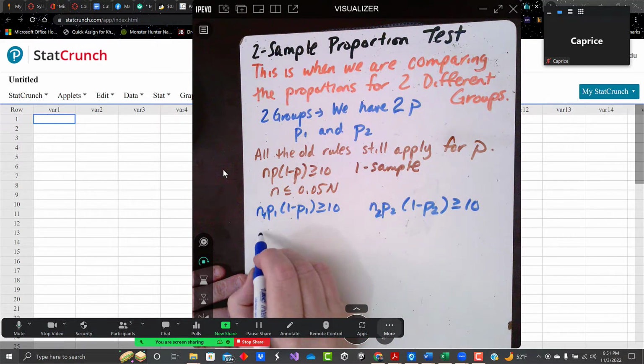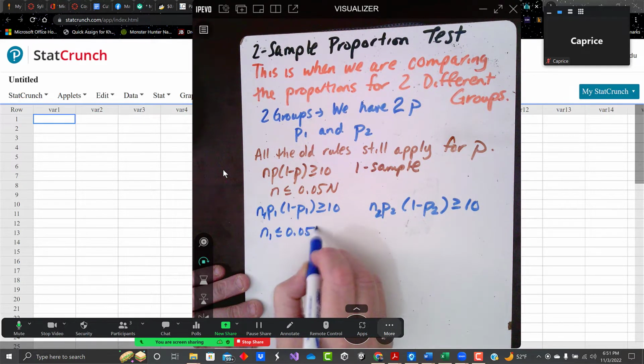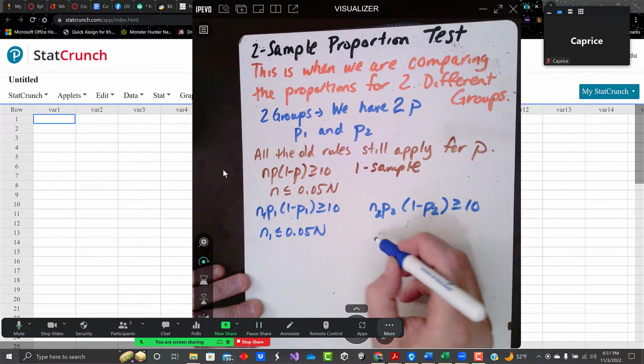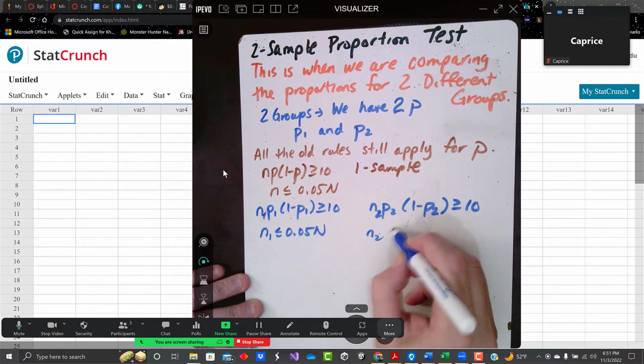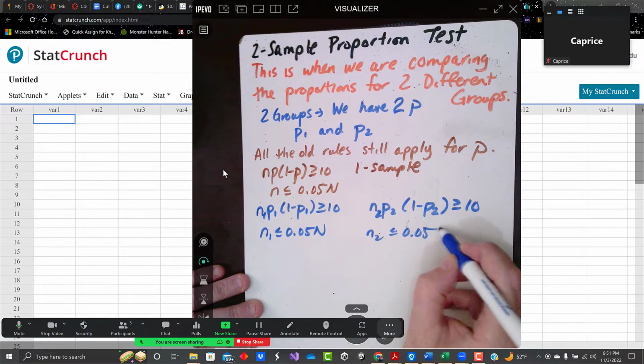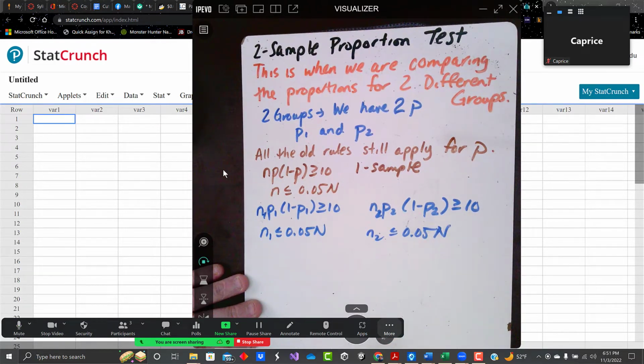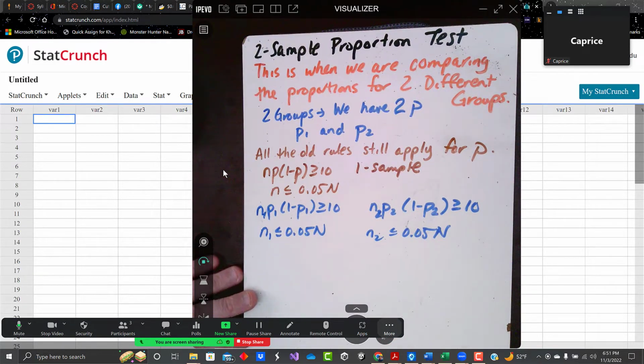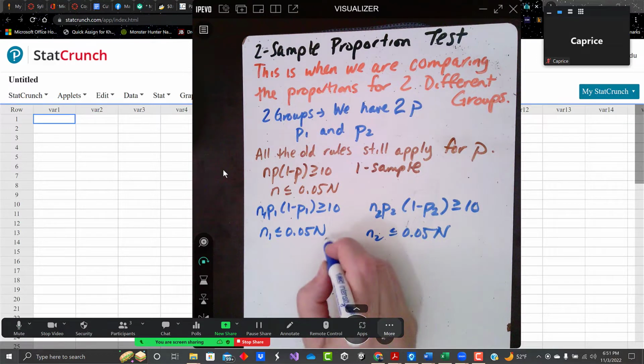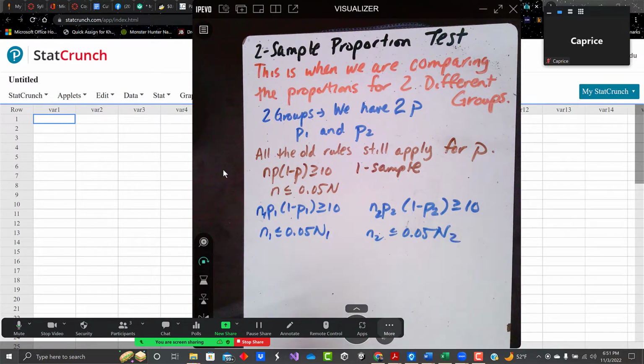This translates to n1 should be less than or equal to 5% of the population, and n2 should be less than or equal to 5% of the population. And if they come from the same population, like we're talking about humans and then guys and girls, n's kind of the same, but we can break this into n1 and n2 like that too.